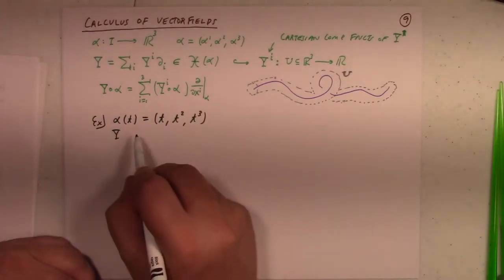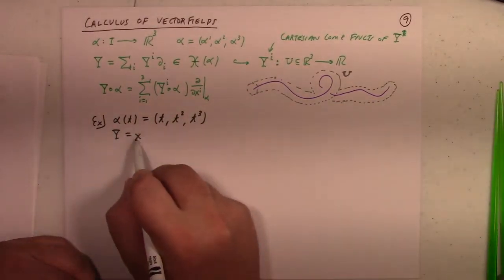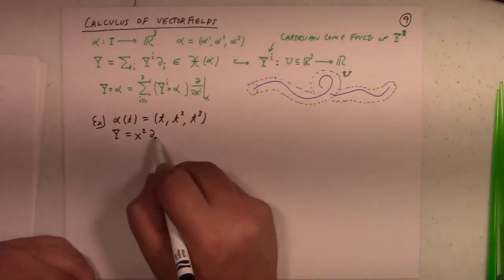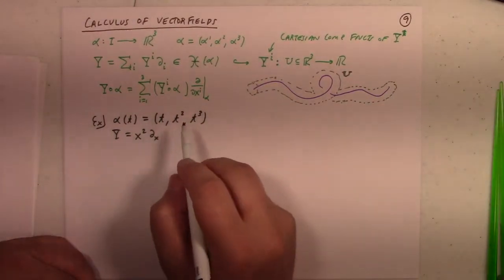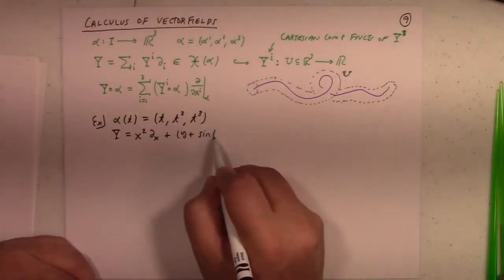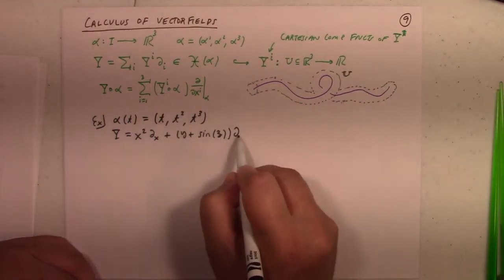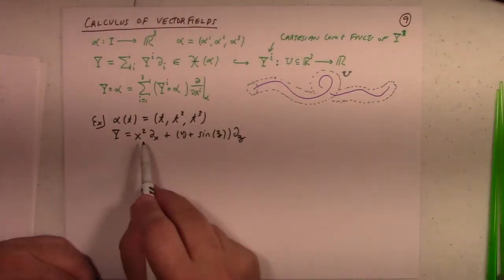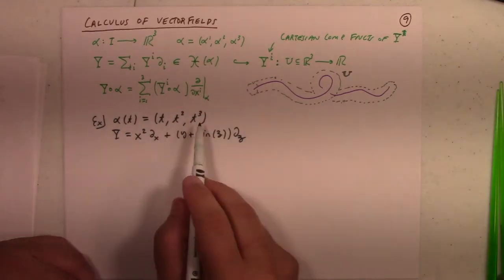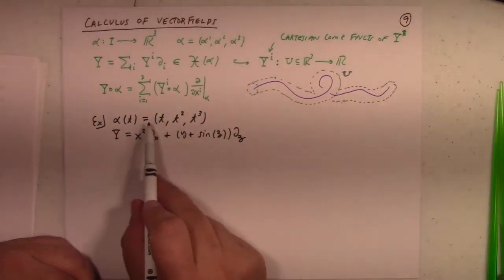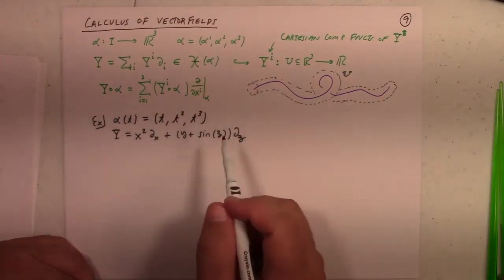Y equals x squared partial x plus y plus the sine of z partial z. There's a vector field. Clearly it has smooth component functions on all of R3, so in particular it has smooth component functions on a set containing this curve, obviously.